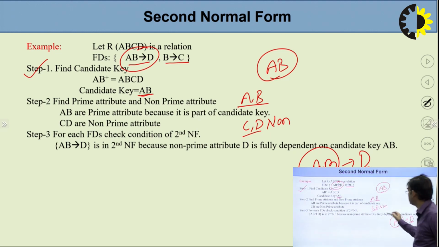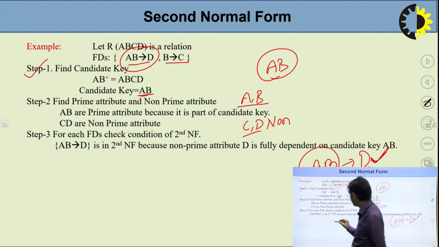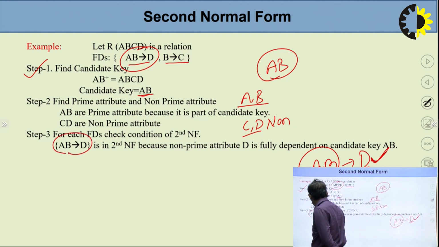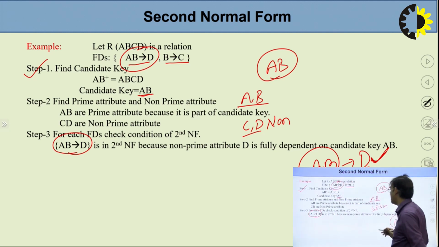Here I have already told that C and D are non-prime attributes. We have to check whether it violates second normal form, so first we identify whether it is a partial dependency or not. No, it is not. It is fully functionally dependent, because AB, the candidate key, derives a non-prime attribute. That's why this functional dependency AB tends to D is in second normal form.